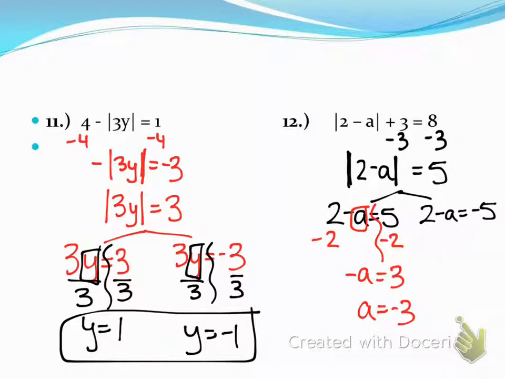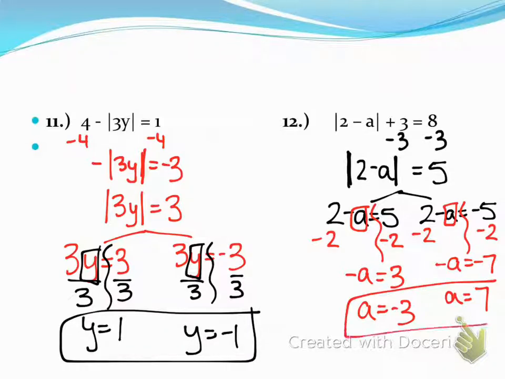Instead of a positive 3, it's a negative 3. We follow the same steps on the other equation. But what is negative 5 minus 2? Negative 7, but I don't want negative a. I want positive a. A equals a positive 7.